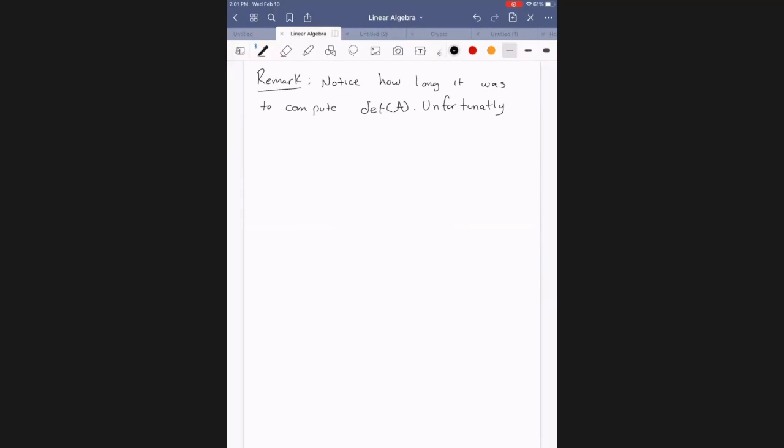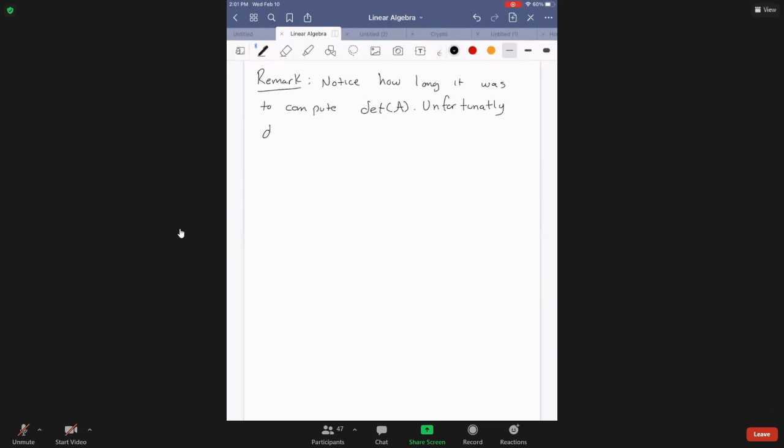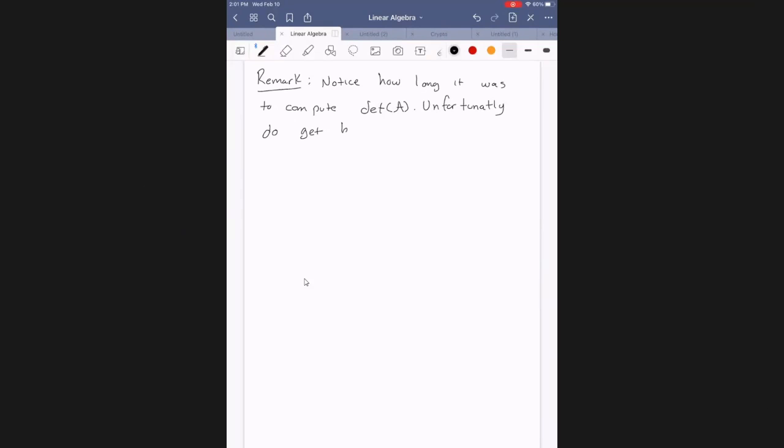Right? They don't just stay. And actually, as they get bigger, it becomes unfortunate, because the computation time increases significantly, right?